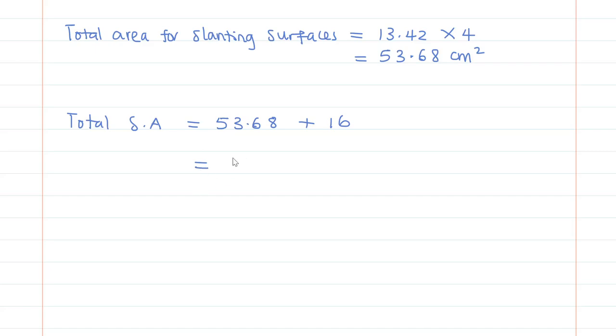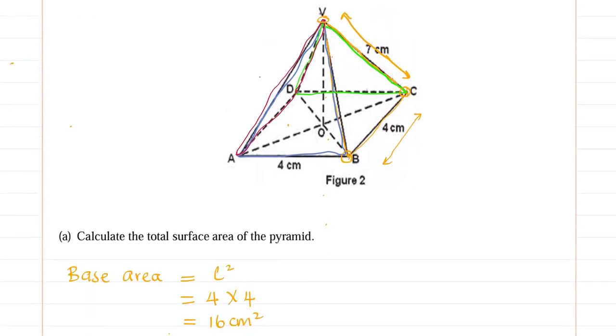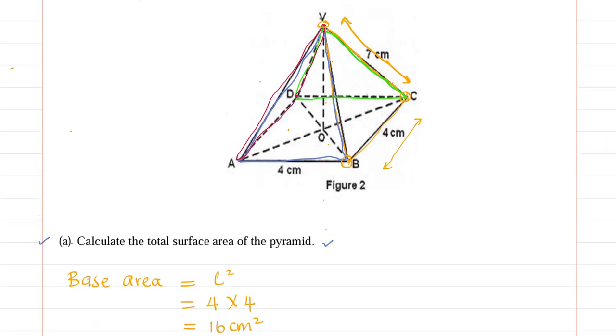I'm getting 69.68 centimeters squared. So this is the total surface area of the given figure, which was a pyramid. That is the total surface area of this pyramid that we are given here. So that is the solution.